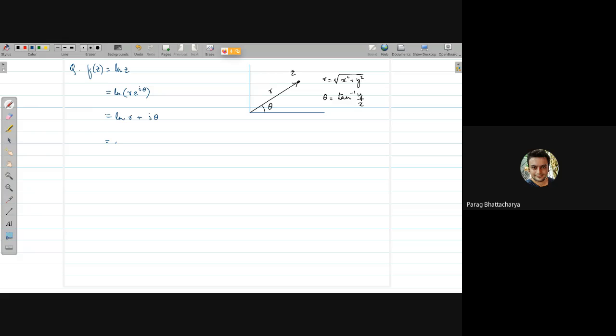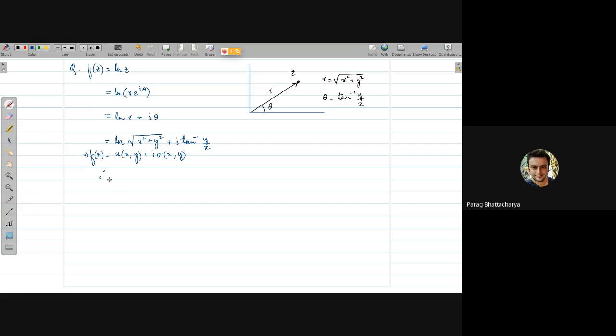So this gives us ln of the square root of x squared plus y squared, plus i into tan inverse of y by x. Now we can immediately identify, because f of z is supposed to be u, a function of x and y, plus i into v, which is also a function of x and y.